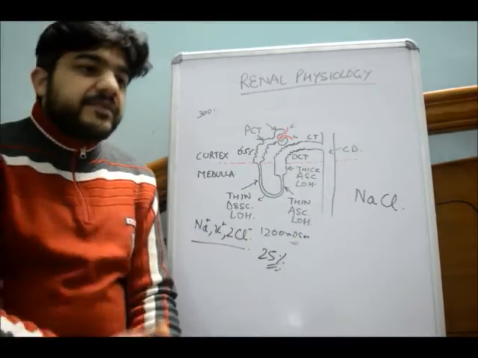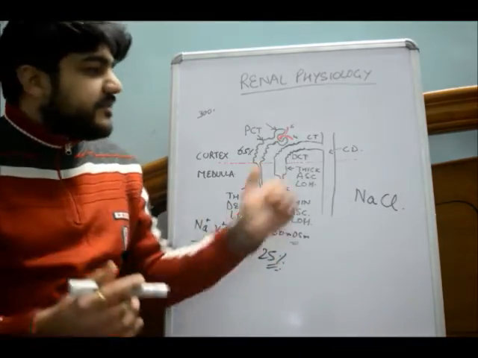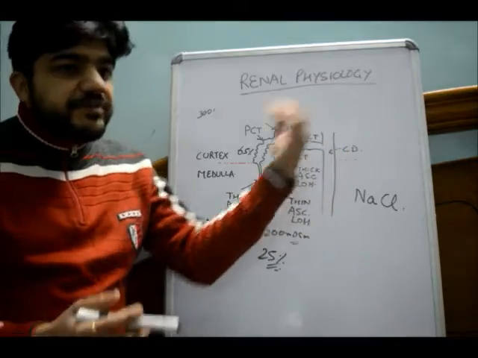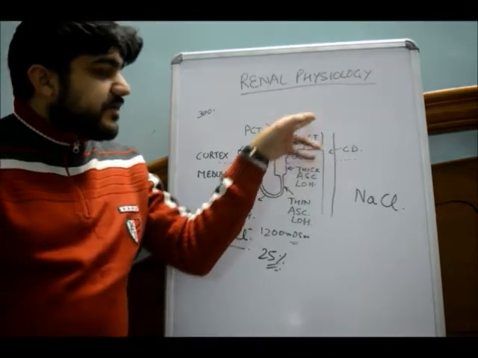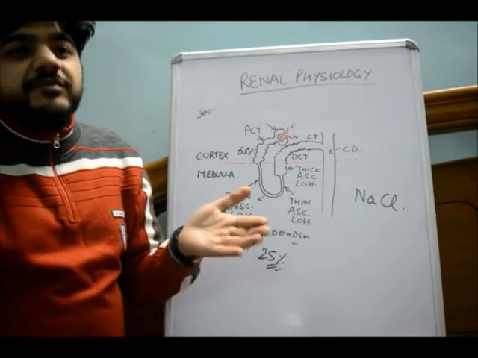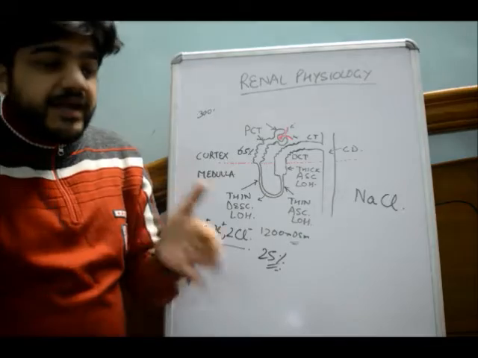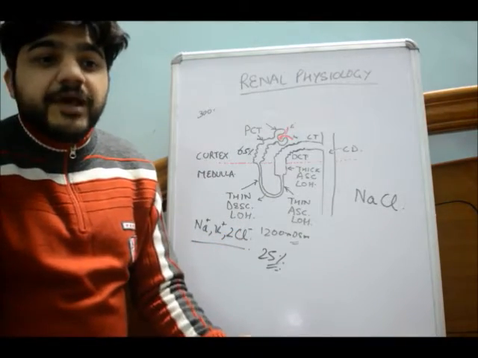So you can say nearly one sodium ion is reabsorbed and one potassium is replaced in its place. So there is a net sodium reabsorption, but at the same time there is potassium excretion, and this process depends on aldosterone. If there is no aldosterone, what will happen?